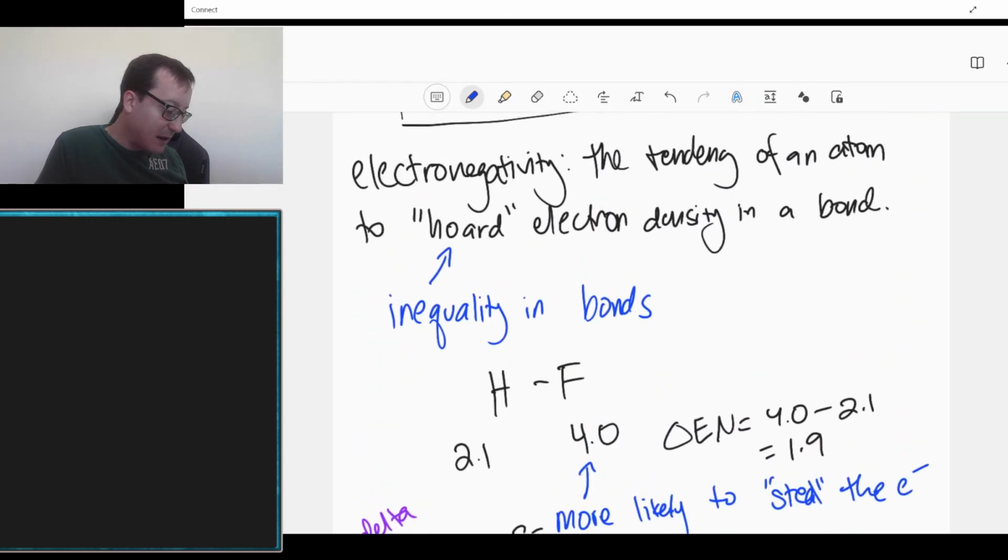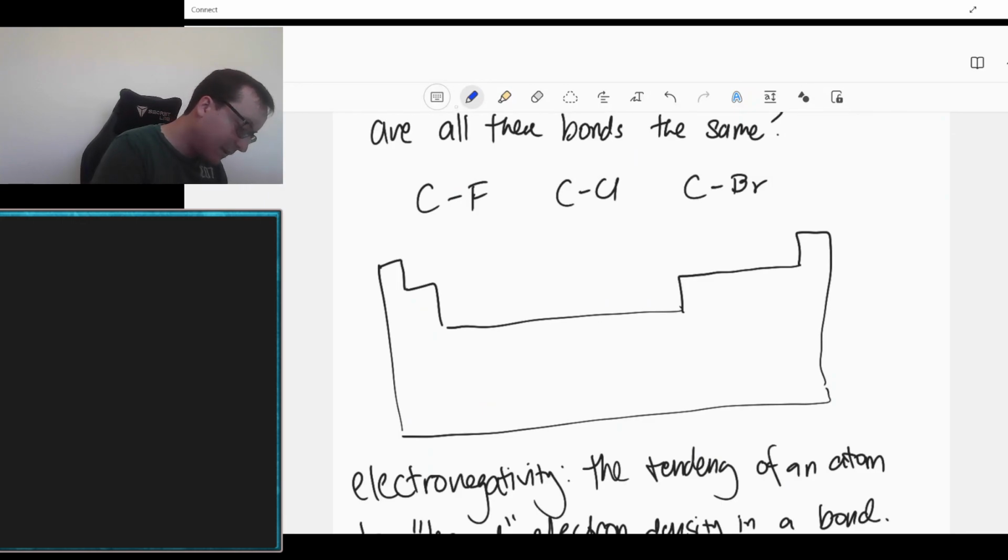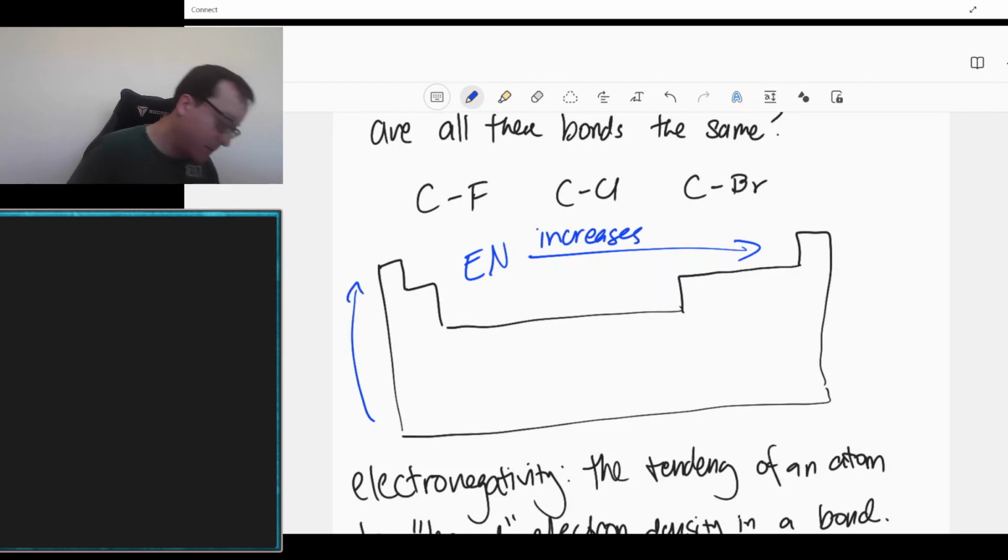I just want to put the trend out here as well. Typically, we see that electronegativity increases as we go up and to the right. So fluorine is our most electronegative, and francium would be our least.